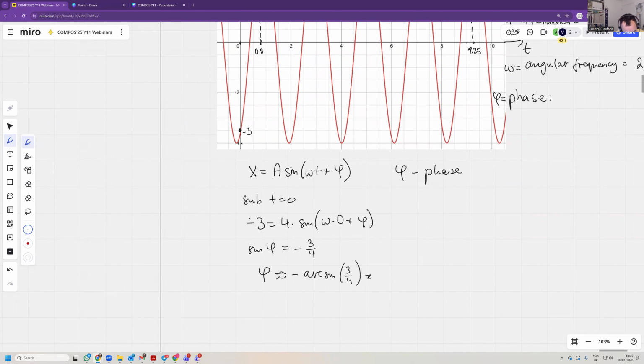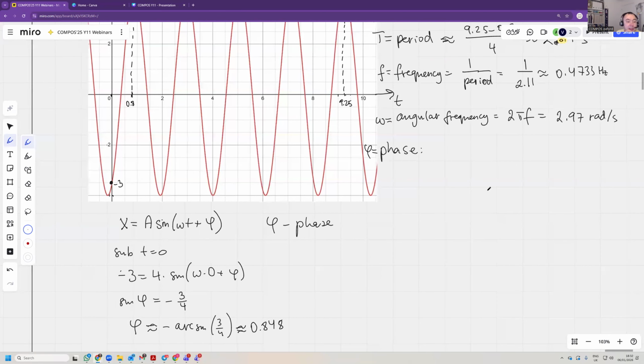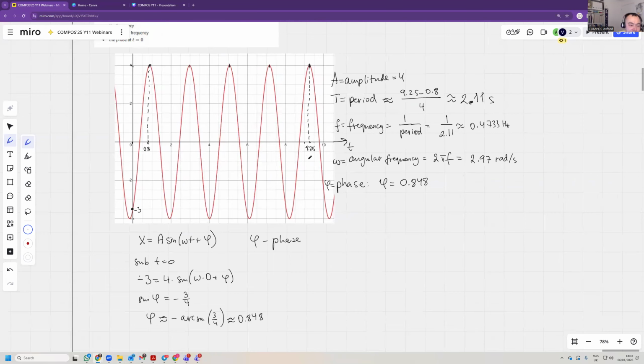Arc sine of 0.75, 0.848. This is the initial phase. Phase is phi equals 0.848.